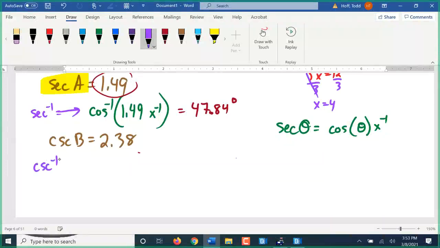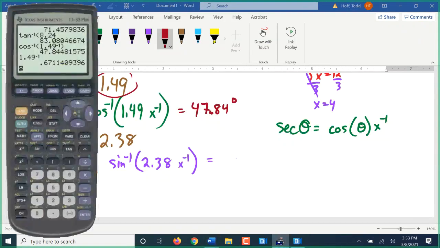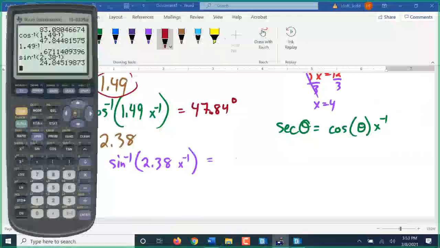The sine. You got it. It's going to be the inverse sine, and what am I going to do with it? 2.38, and I do the reciprocal inside the parentheses. Second sine, 2.38, reciprocal, then close the parentheses. 24.85 degrees.